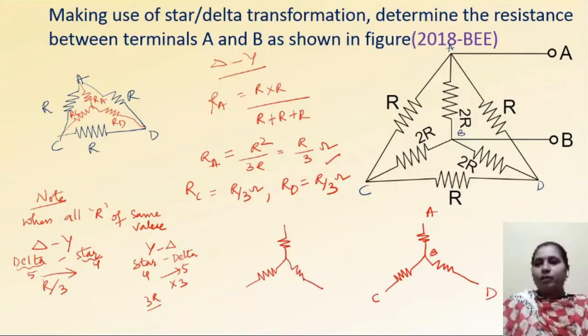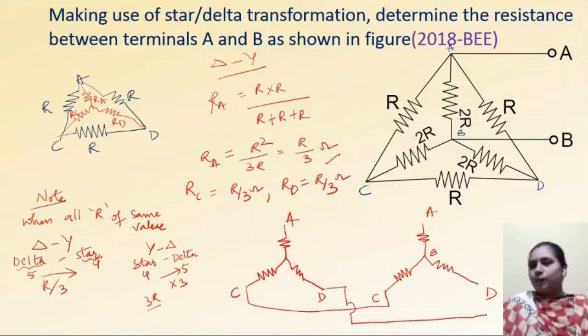This is point A, this is point C, and this is point D. Here we are going to get an extra point of the star. So we have to just connect this: C is connected to point C, D is connected to point D, and A is connected to point A.